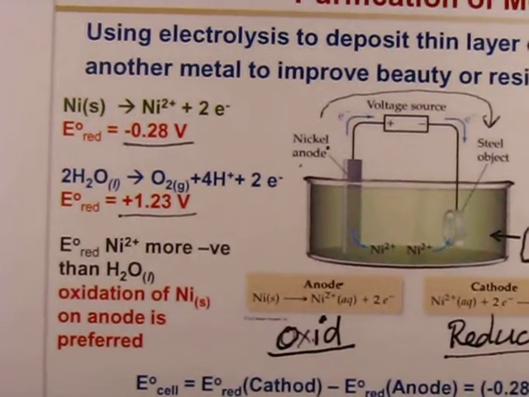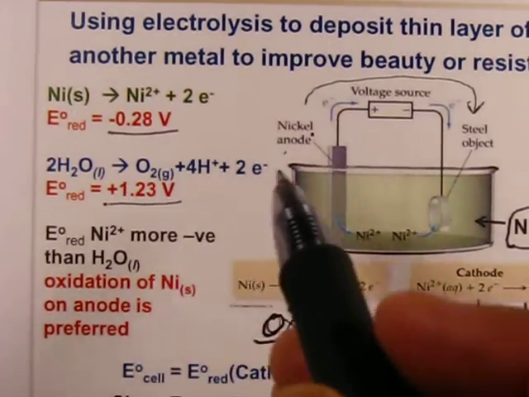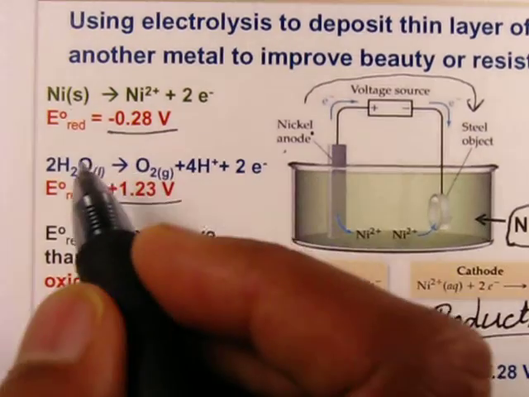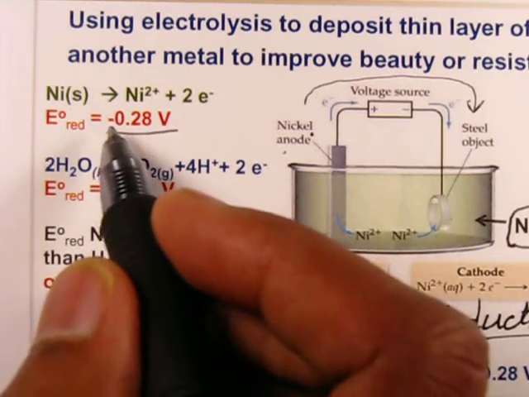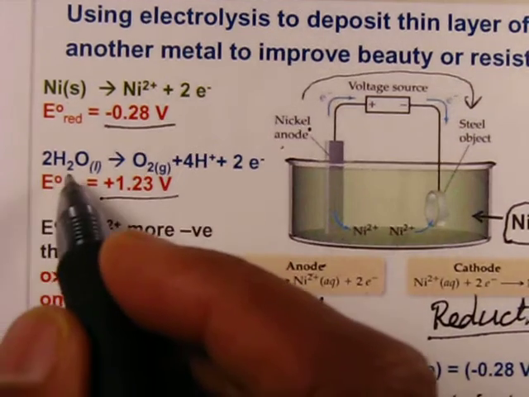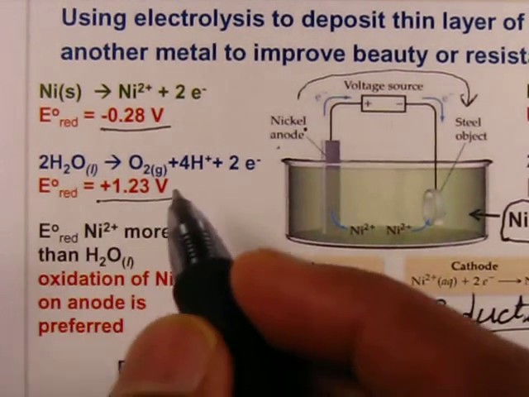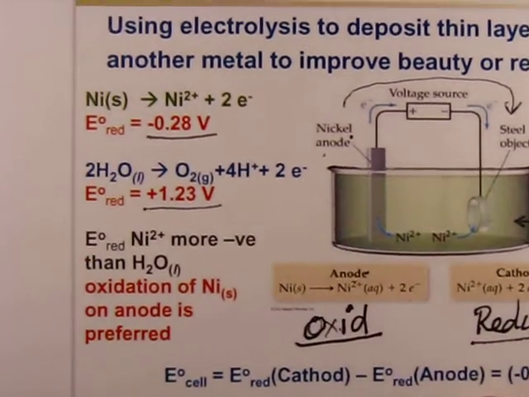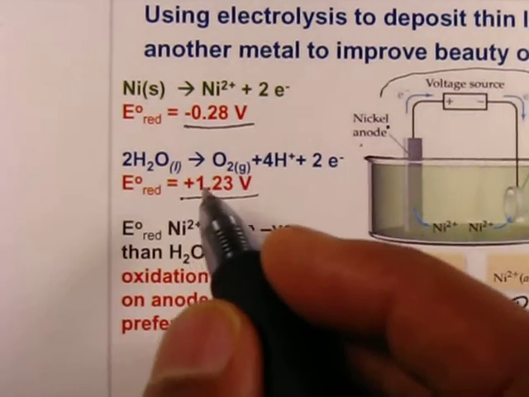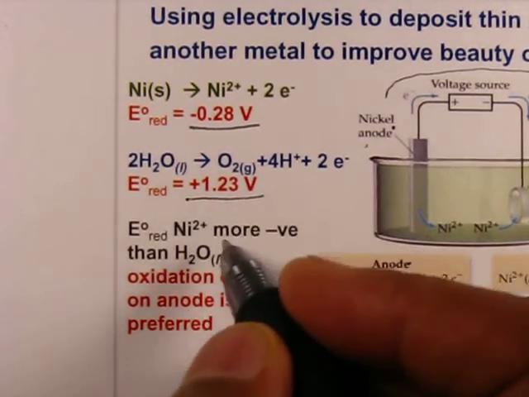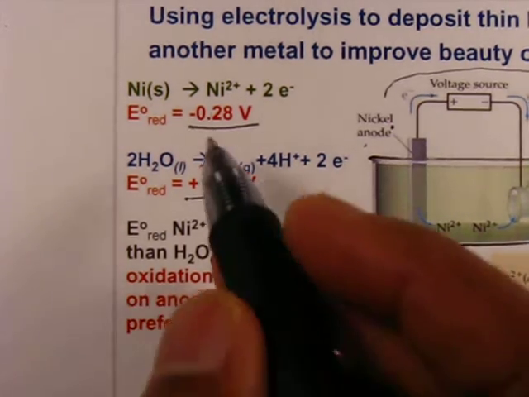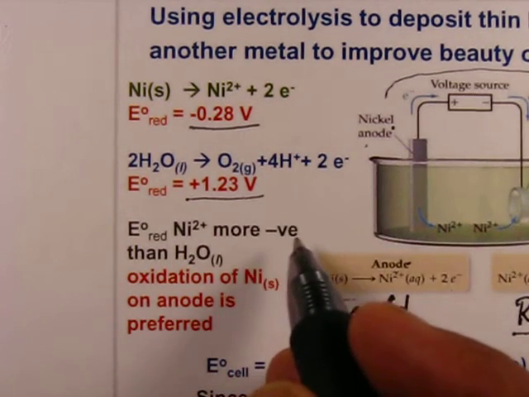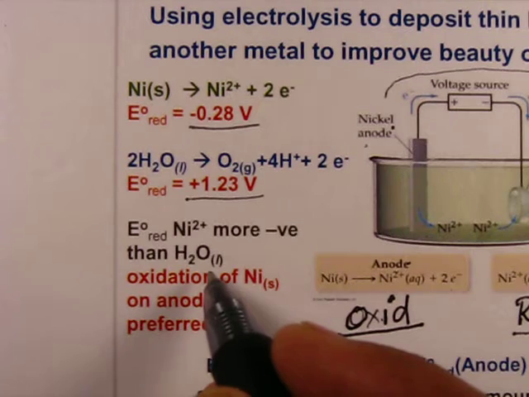So let's compare their reduction potentials. Nickel metal reduction potential is minus 0.28 volt and water reduction potential is plus 1.23 volt. Here, water reduction potential is more positive, or I can say that nickel reduction potential is more negative than the water.